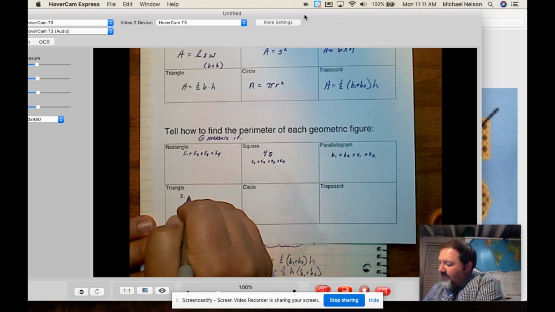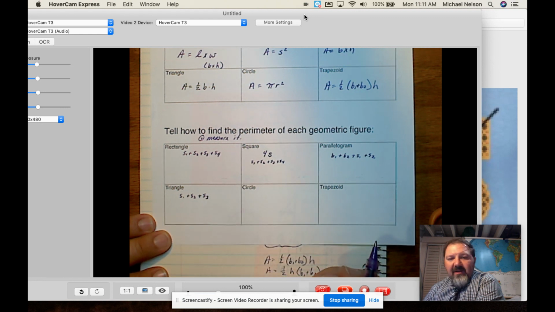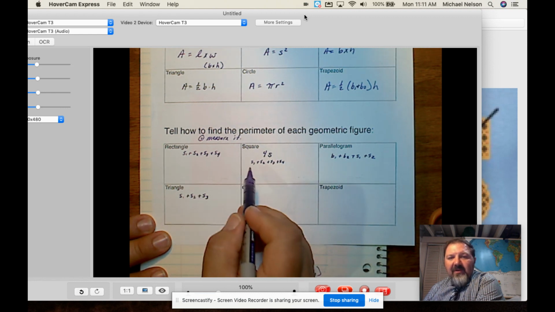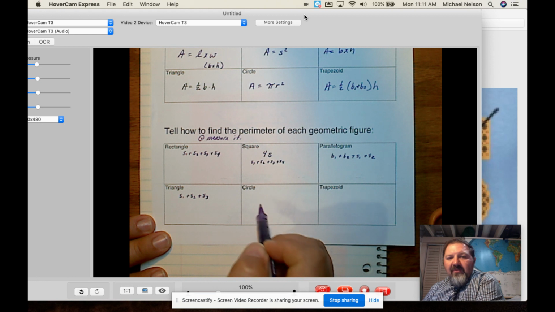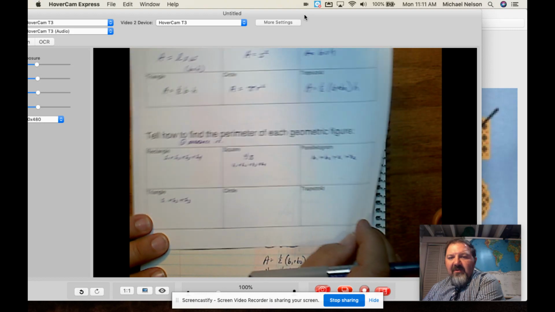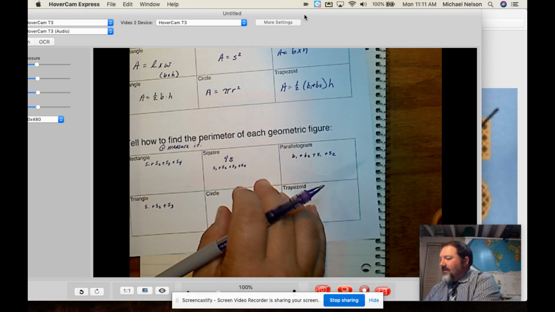Side 1, side 2, side 3, because a triangle has 3 sides, right? Rectangle has 4 sides, square has 4, parallelogram has 4. Circle doesn't have any sides, right? So you have to find the circumference of a circle. And that would be a measurement issue, and we'll get to that in just a second.